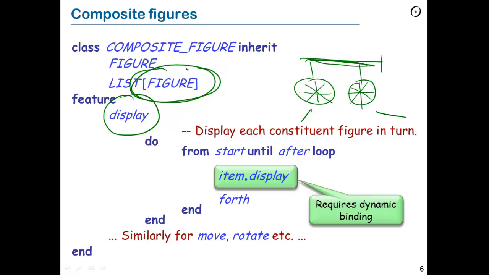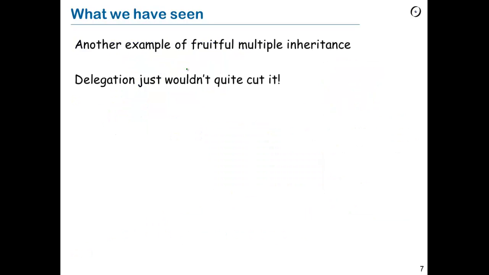We have, in fact, a polymorphic data structure, because a list of figures here is going to contain figures of different types, like segments, like circles, like composite figures. We have dynamic binding, without which none of this would work, and we also have recursion. So it's kind of a concentrate of everything we have seen so far, and I hope you will agree that this is a really elegant use of the combination of all these techniques.